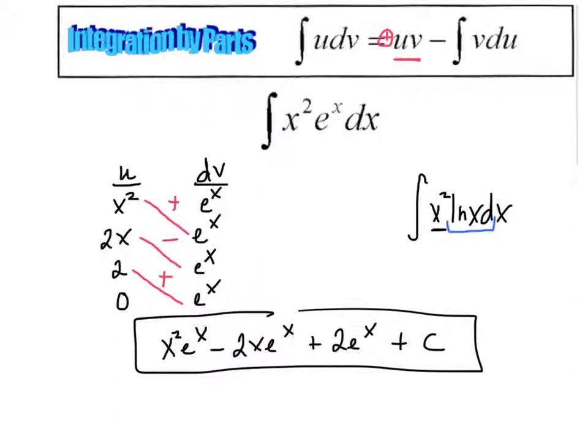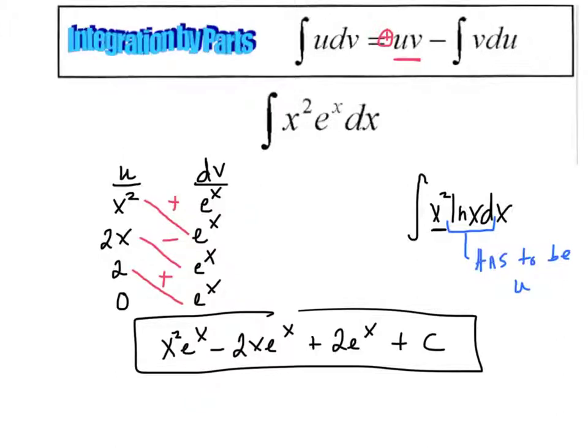So every time you see a natural log, this has to be u, and then you can't use the tic-tac-toe method. I would just never use it, because natural log actually makes things very quick and easy. If you do the tic-tac-toe method, you might miss it.